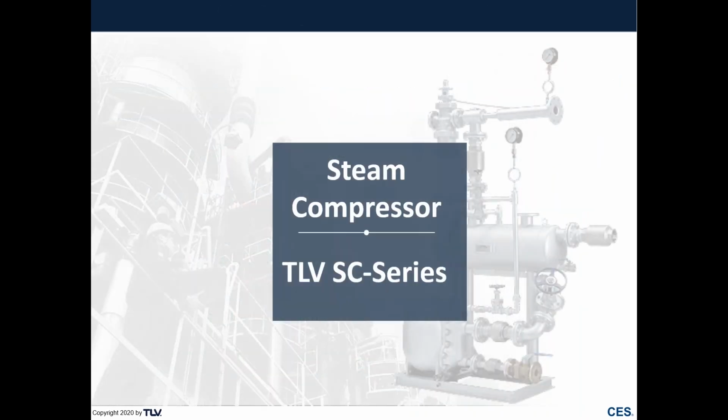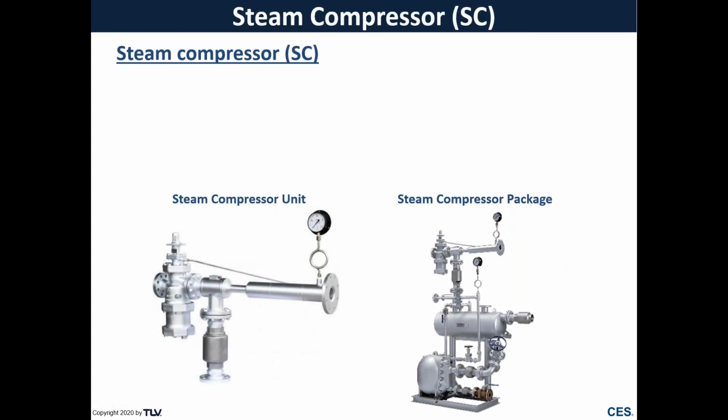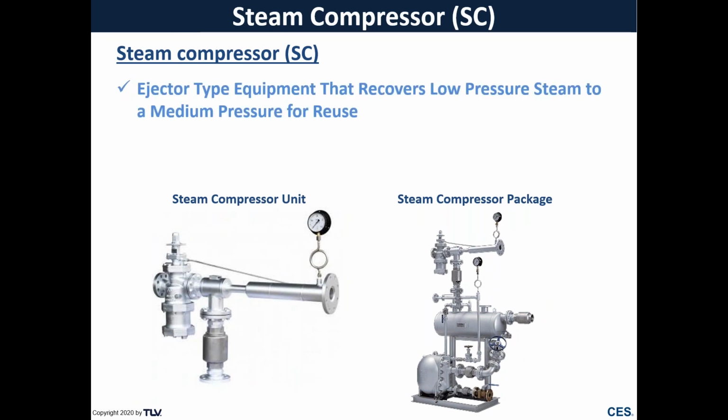Okay, so last on our list for methods of recovering flash steam is utilizing a steam compressor, the TLV SC series. So what is a steam compressor? A steam compressor is an ejector-type piece of equipment that will recover low pressure steam that was previously deemed too low of a pressure to be usable, and it can ramp it up to a medium pressure steam for reuse.